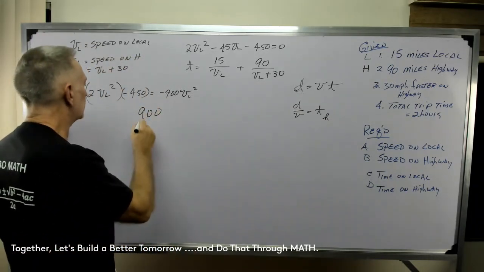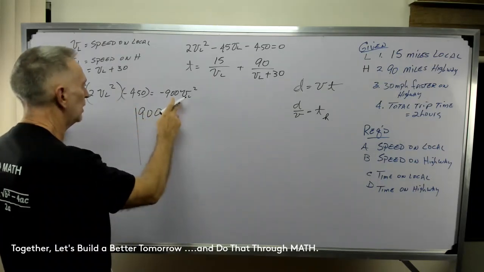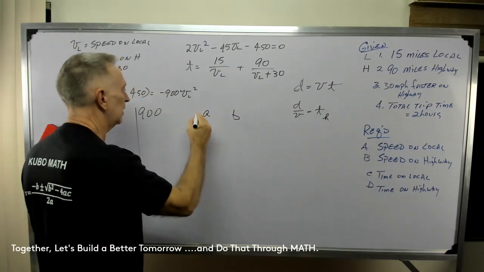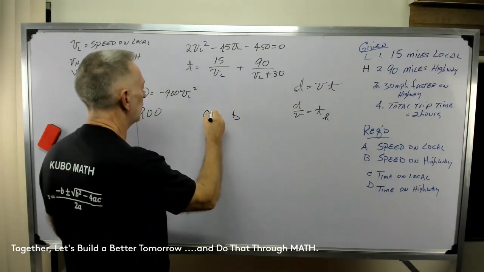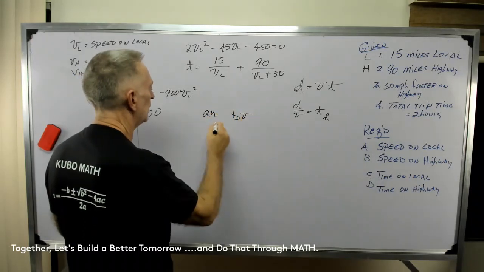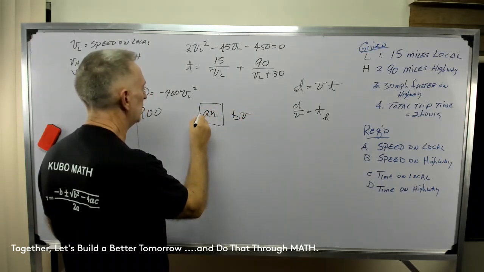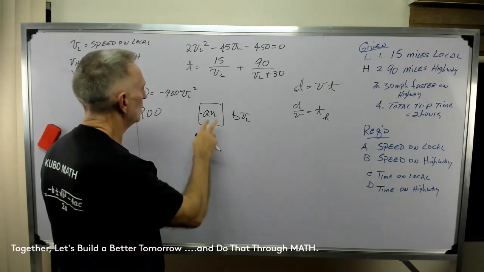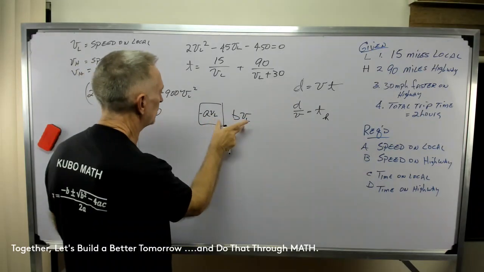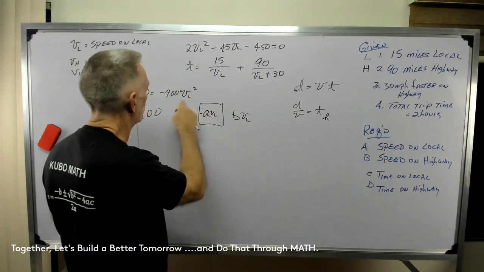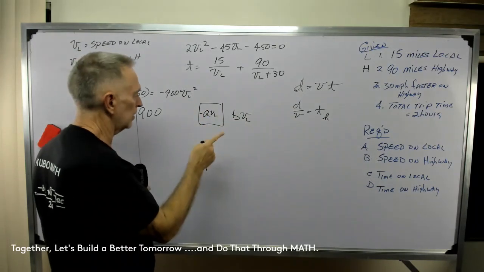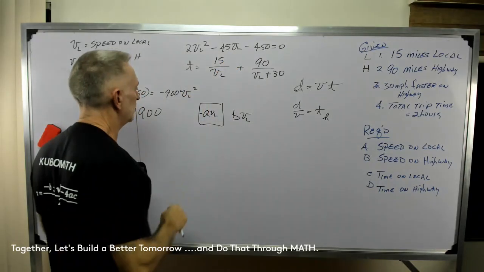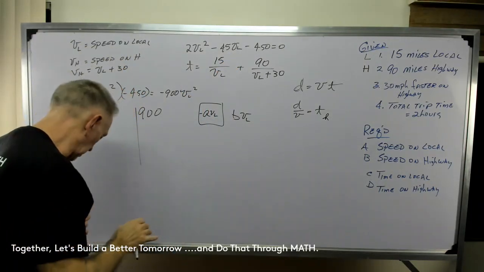I'm just going to factor the 900, knowing that I have two numbers, we'll call them A and B. Both of those are going to be a v sub L, and the larger one is going to be negative. This one times this one would give me negative 900 v sub L squared, but added together I would get negative 45 v sub L. That's my goal. So this is our plan.